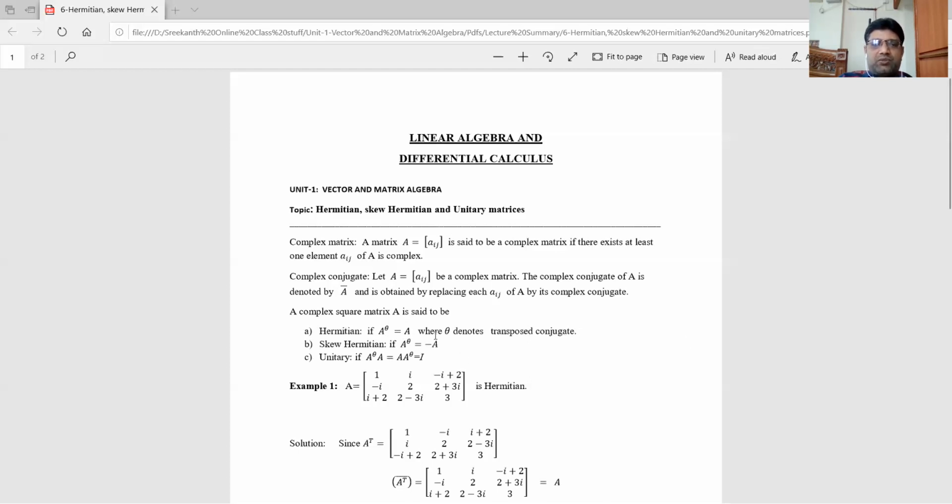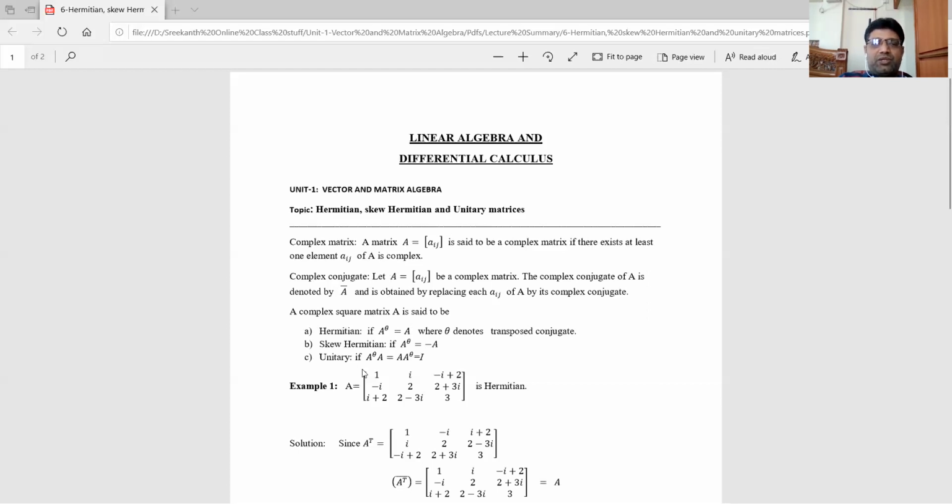Suppose A is a complex matrix, I take its conjugate and then transpose it; that is the transposed conjugate matrix. If I get the same matrix A back, then we declare it a Hermitian matrix.